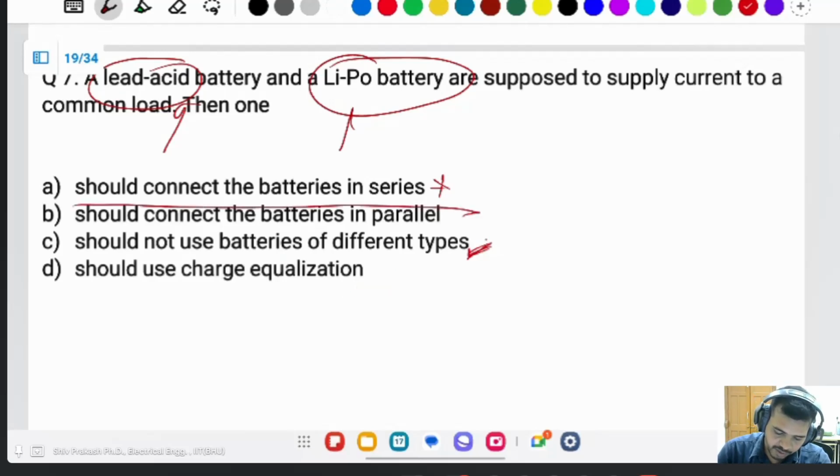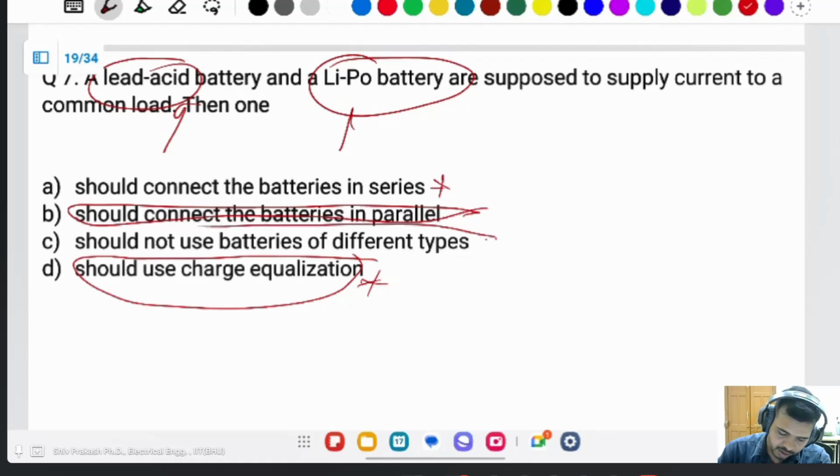This one is the parallel combination. Charge equalization is not required in a parallel combination. That's why different types of battery can be used in parallel combination. That's why this option is not correct, and this will be correct.